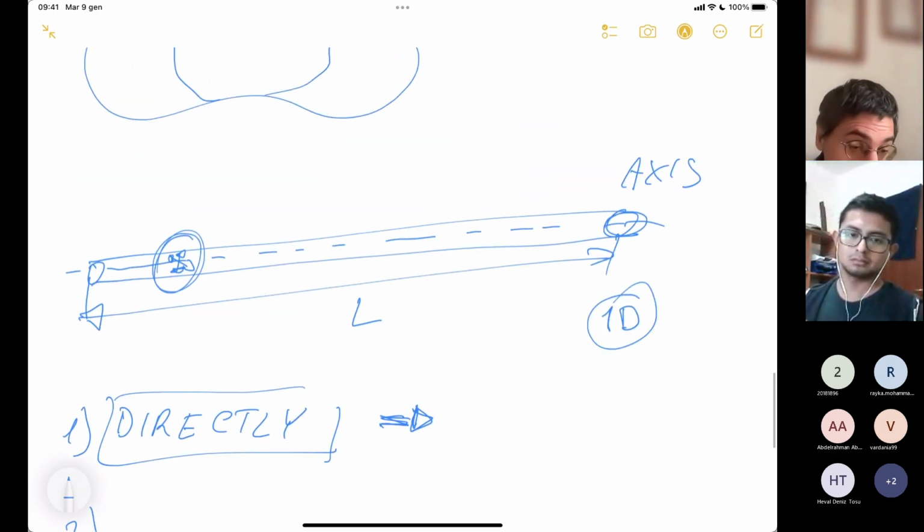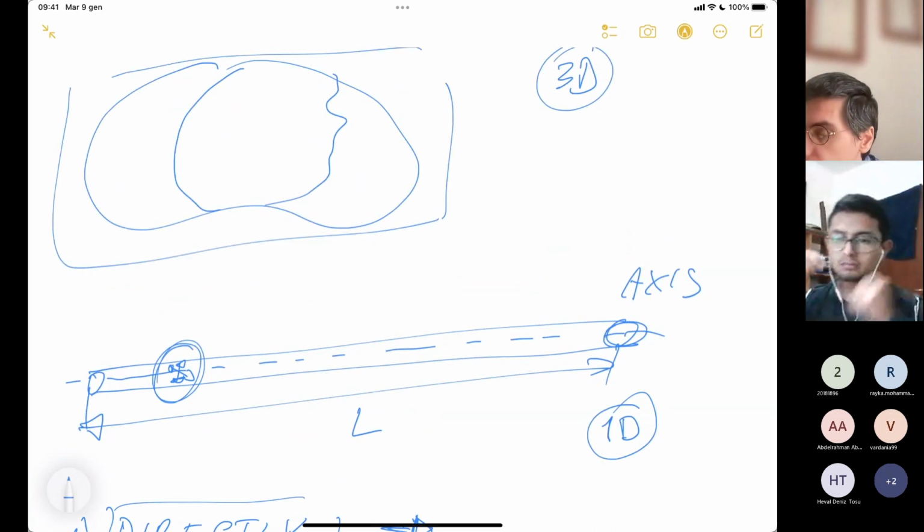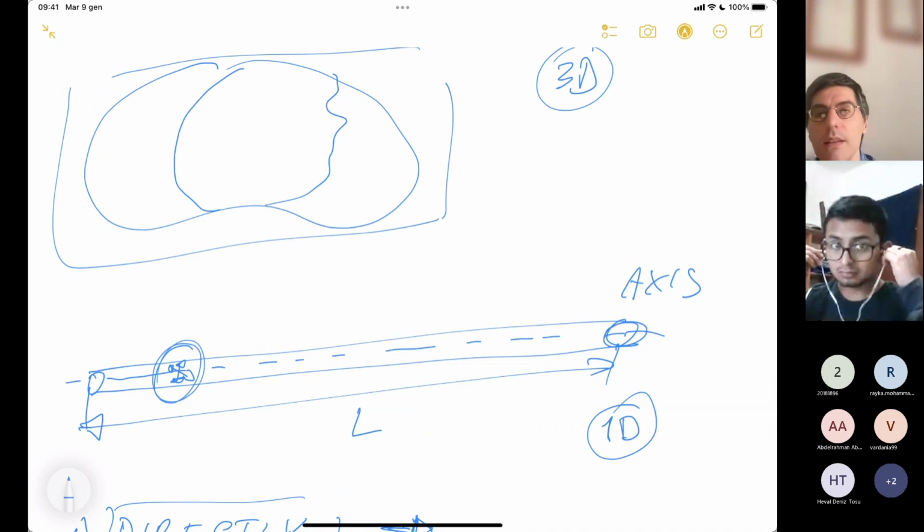We can also make a model starting from the general framework of the 3D and simplifying this model.